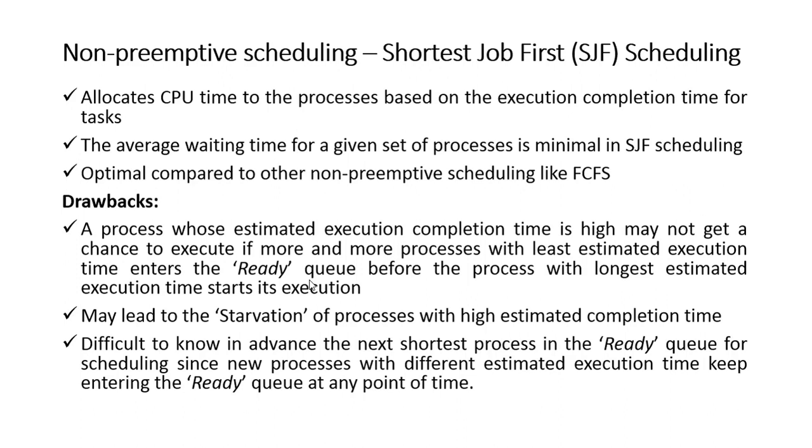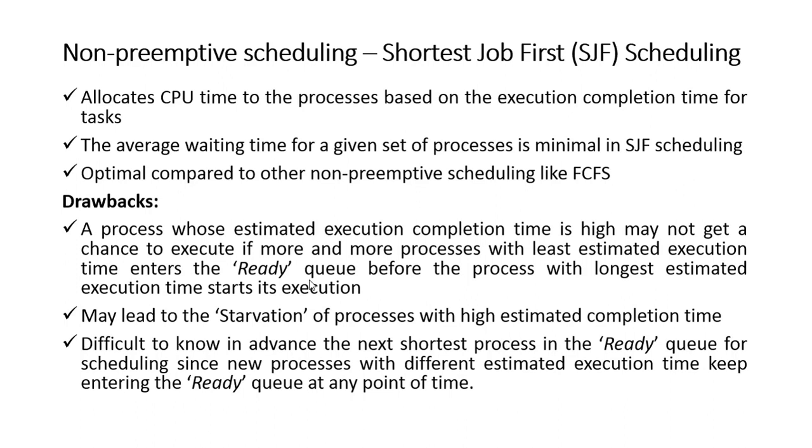This situation leads to the starvation of the processes. The processes with a long execution time will not get CPU time for execution. This is called starvation of processes with high estimated completion time.